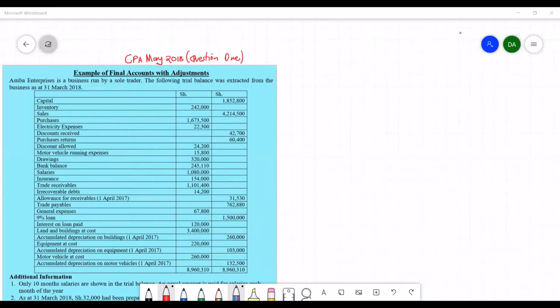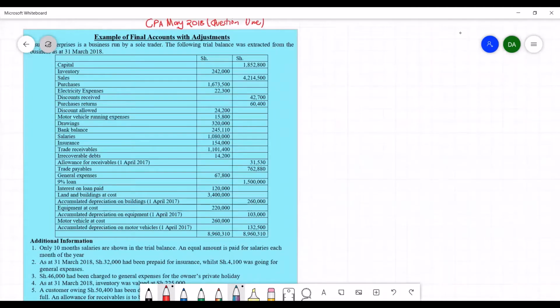So this is a trial balance with the following items: capital, inventory, sales, purchases, electricity expenses, discount received, purchases returns, discount allowed, motor vehicles, running expenses, drawings, balance at bank, salaries, insurance, trade receivables, irrecoverable debts, allowance for receivables on 1st April 2017, trade payables, general expenses, loan 9%, interest on loan, land and buildings, accumulated depreciation on land and buildings, equipment at cost, accumulated depreciation on equipment, motor vehicles, accumulated depreciation on motor vehicles.